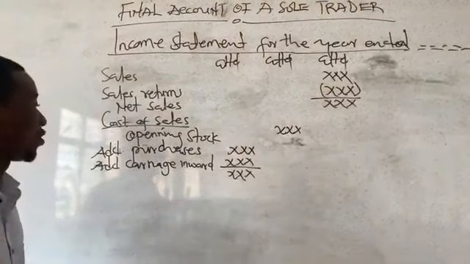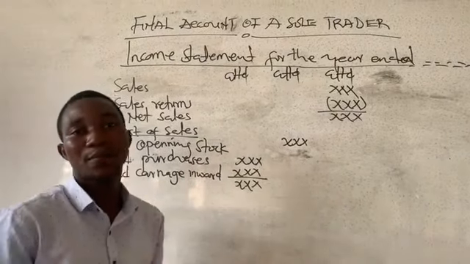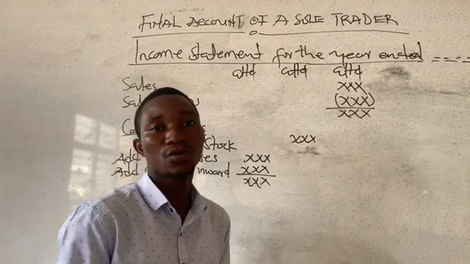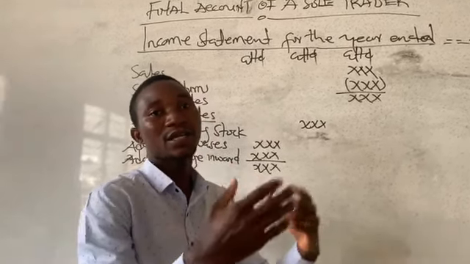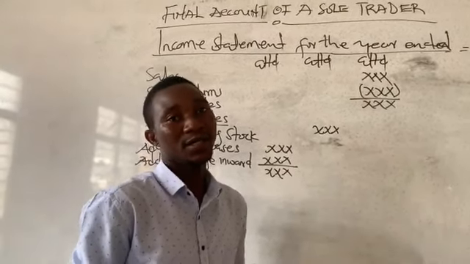After adding the carriage invoice, sometimes we also buy product from our suppliers, and we find out that part of the product is not good or is faulty, so we return it to them. When we return it to them, we need to less it from our purchases figure in order to ascertain our net purchases. Is that okay?